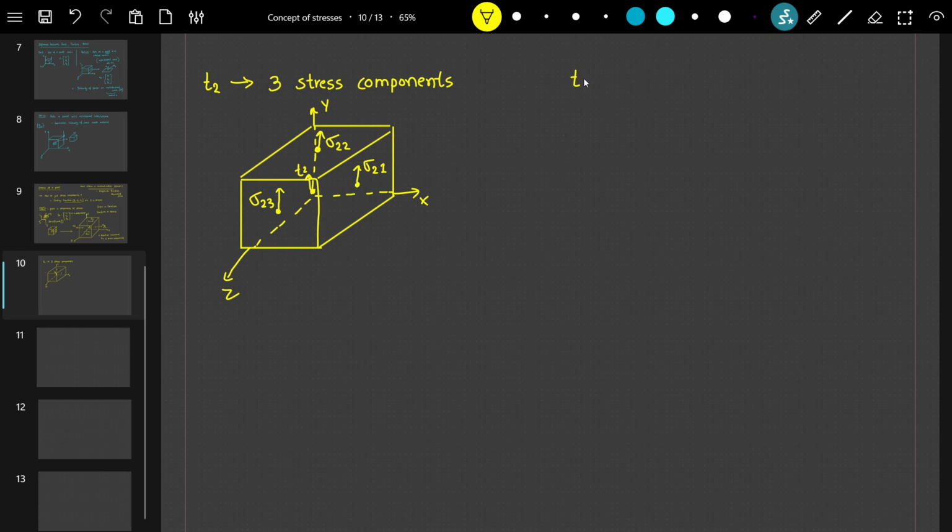Now similarly, T3, the traction component in the Z direction, we also get three other stress components. So I can quickly draw this.